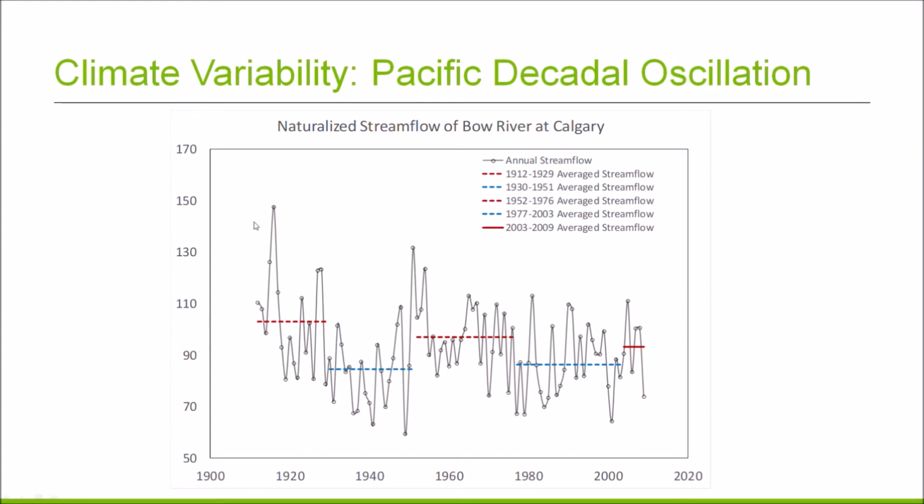Again, we have mean annual flows for Bow River at Calgary, and then I found the warm and cold episodes of PDO. You could see that when there is a positive phase and a negative phase, the stream flow could be quite different from the mean annual stream flow.